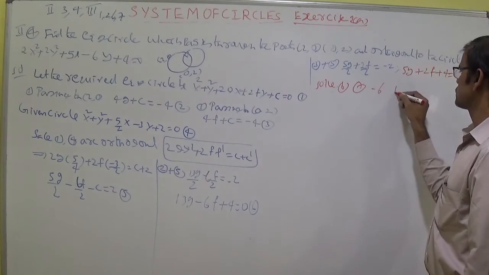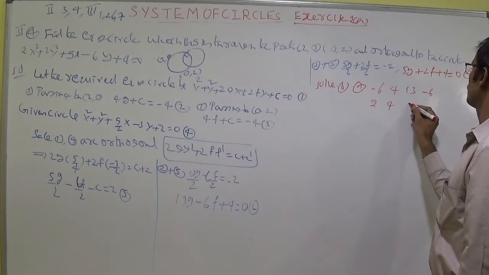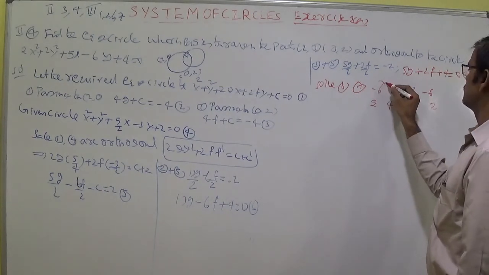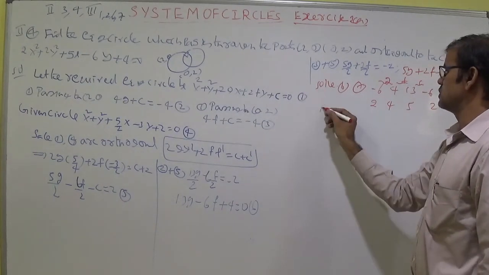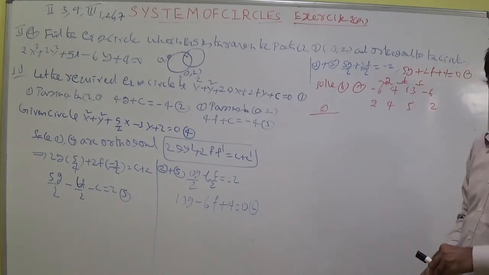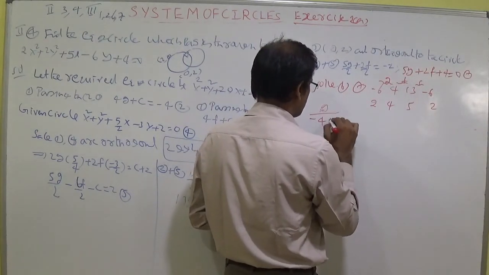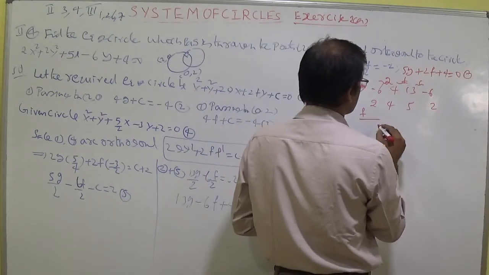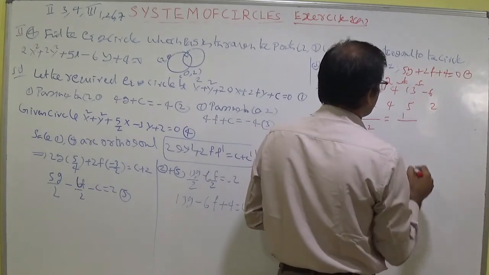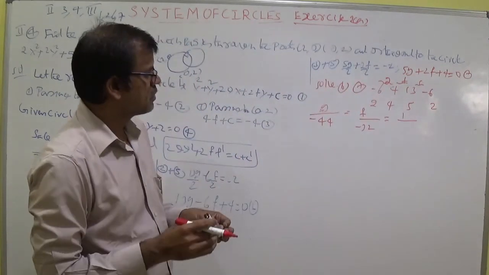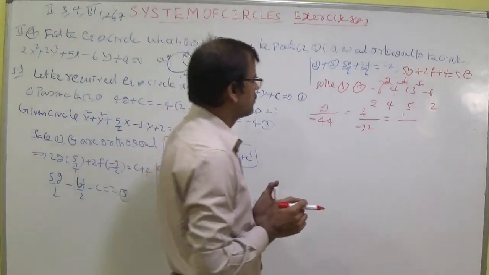Now let us solve 6 comma 7. So minus 6, 4, 13, minus 6. Here 2, 4, 5, 2. This is for g, this is for f, this is for 1. G by 6 into 4, 24, minus 24, minus 20, minus 44. F by 4, 5 are 20, 20 minus 52, minus 32. 1 by 13 into 2, 26, 26 plus 30, 56.